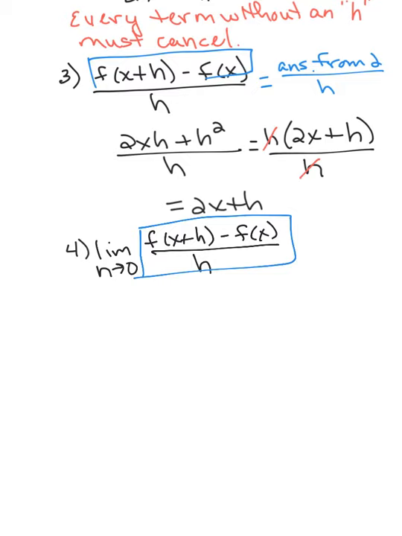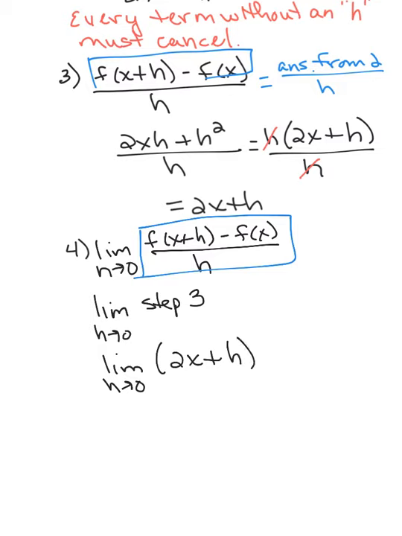So for step 4, you do the limit as h approaches 0 of step 3. In this case, we would be doing the limit as h approaches 0 of the function that we got in step 3, which is 2x plus h.